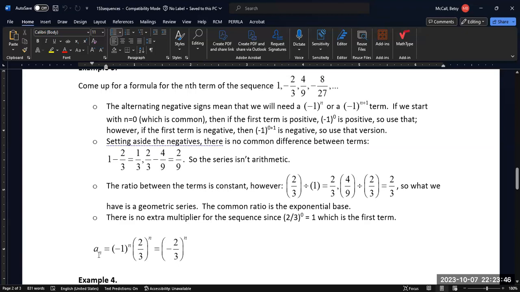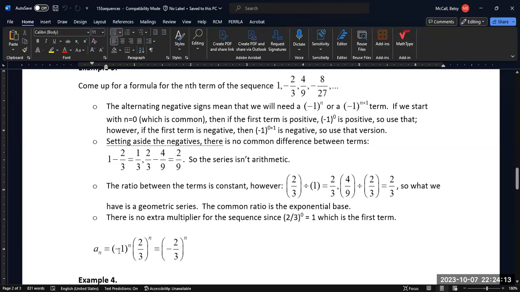And then if n is 1, this becomes -1 times 2/3. So this is going to work, and I can continue checking a couple more terms, and I see that it will satisfy. So I don't have an extra multiplier for the series, like my previous example where I started with a 3 times 2 to the n. Here I just have basically alternating -2/3 to the n.